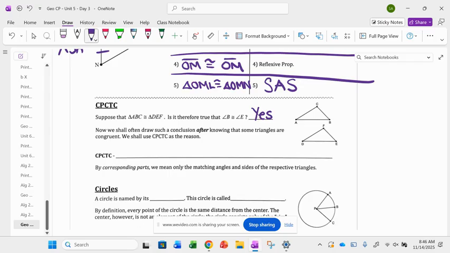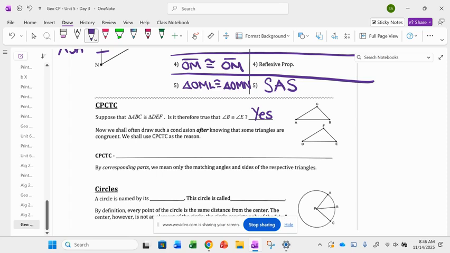So now what we're going to do is after we prove triangles congruent, then we could say any angles that match up, that correspond, or any sides that correspond will also be congruent because the triangles are congruent. And in proofs, we're going to write that as CPCTC. That's going to be our reason, CPCTC.